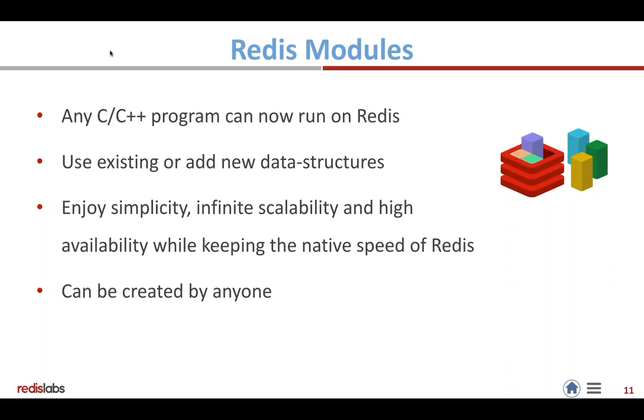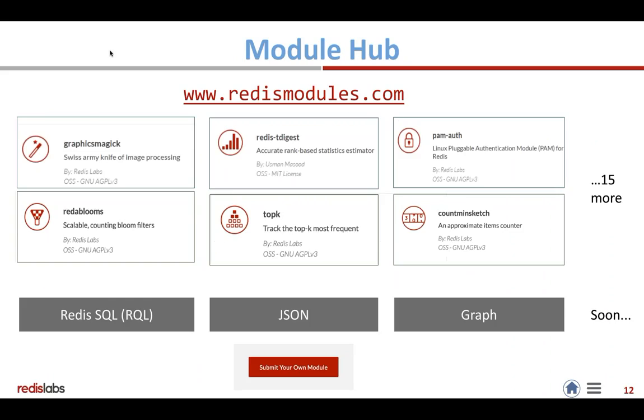I talked about the 9 data structures, but people are now writing Bloom filters, another statistical data structure, and machine learning modules, where your data is coming in. You can train the neural model inside Redis, and also run it as the data comes in in real time. There are graph databases supporting the Cypher graph language.